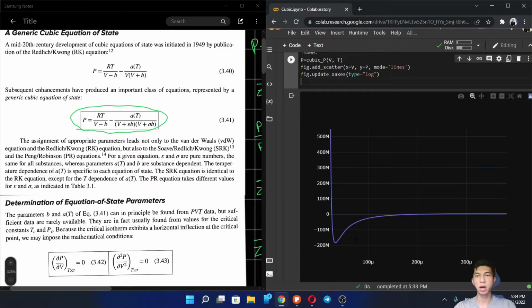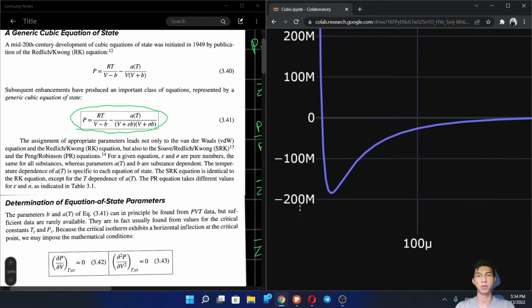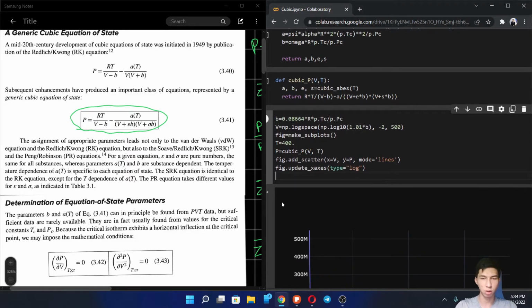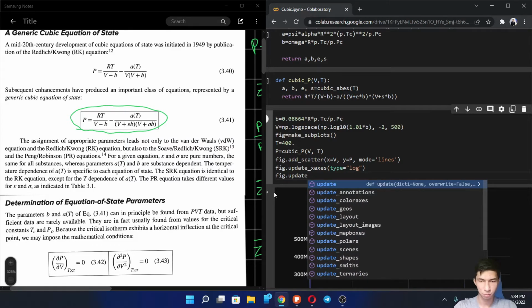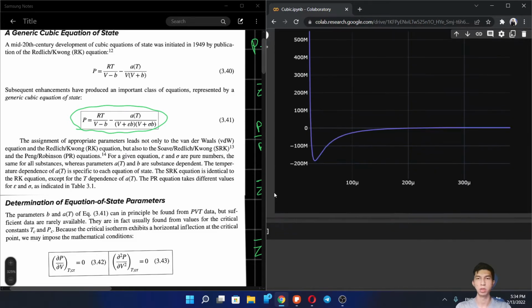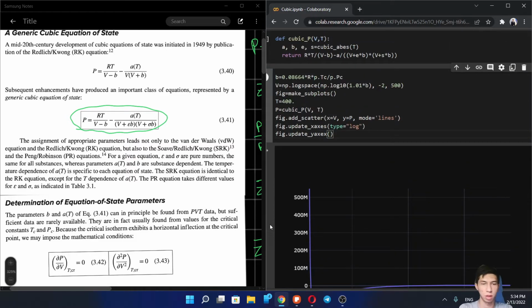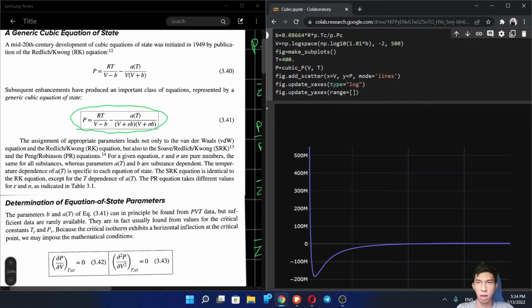So as we can see here, it definitely goes below 0. So we can give a value of 200 millions for our starting point. So figure update y-axis. So we'll start the range from negative 200 millions, right? As we definitely know that it doesn't go beyond that, so 200 multiplied by 10 raised to the power 6.